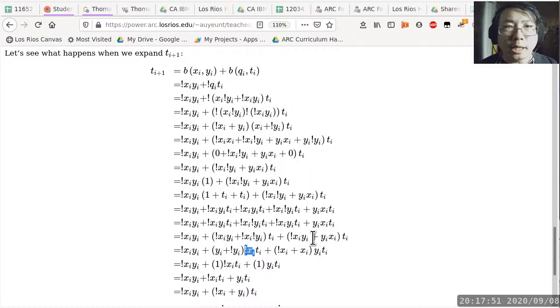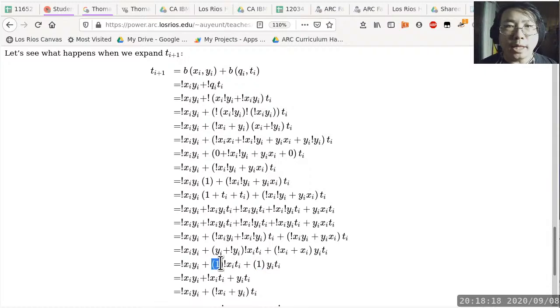And then same thing happens over here because we have yi being common to both of the conjunctive terms inside a disjunction, so it gets factored out to here. Then we are left with yi or not yi, which is guaranteed to be true. Over here we are left with not xi or xi, which is also guaranteed to be true.